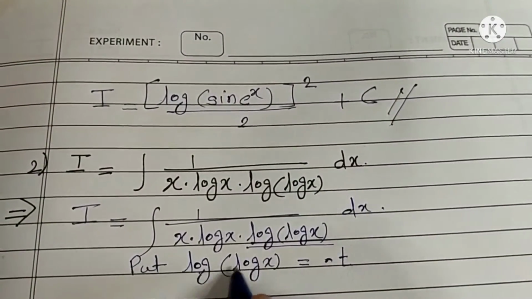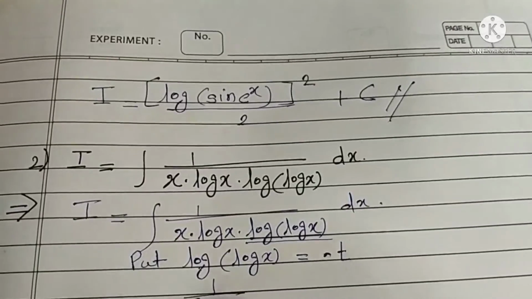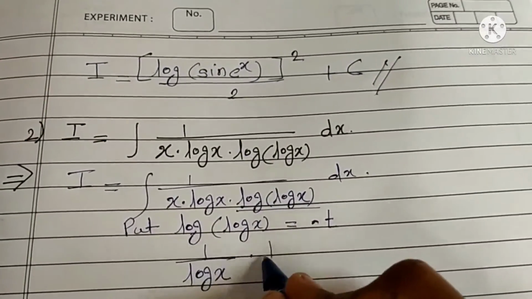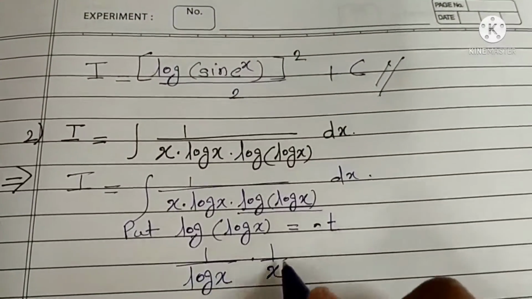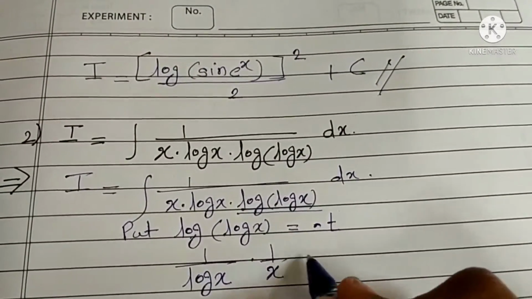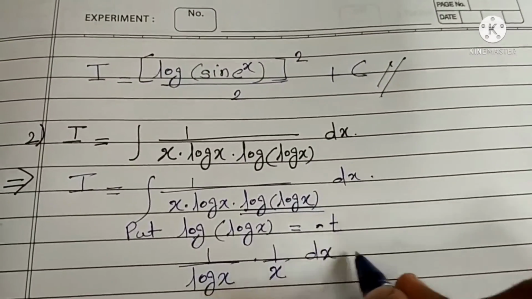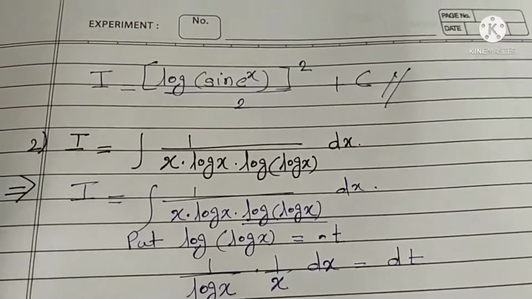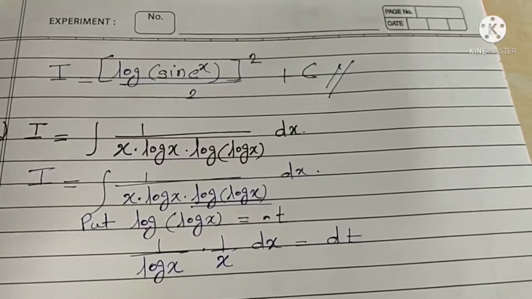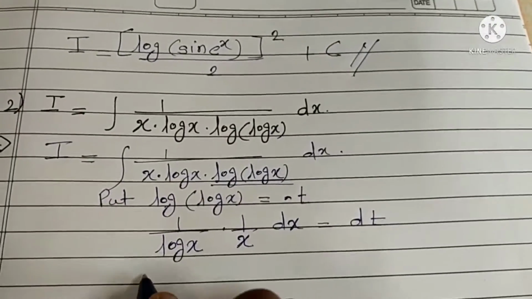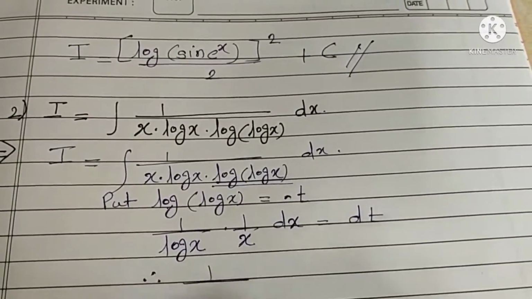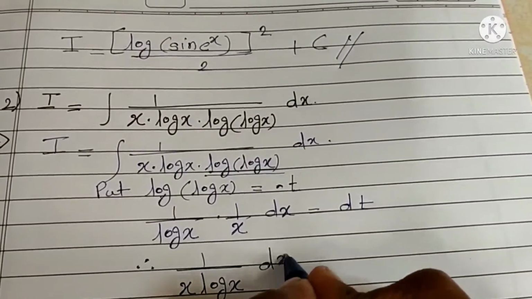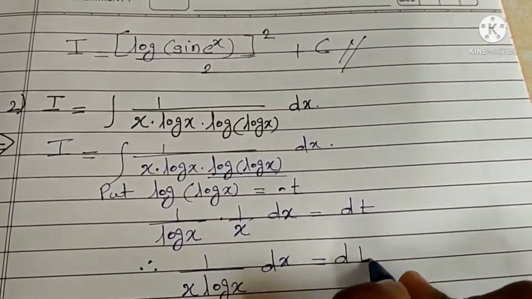The differentiation of log x is 1 upon log x, and the differentiation of this log x is 1 upon x. The differentiation of x with respect to x is dx, and the differentiation of t is dt. Taking differentiation on both sides, therefore 1 upon x log x dx is equal to dt.